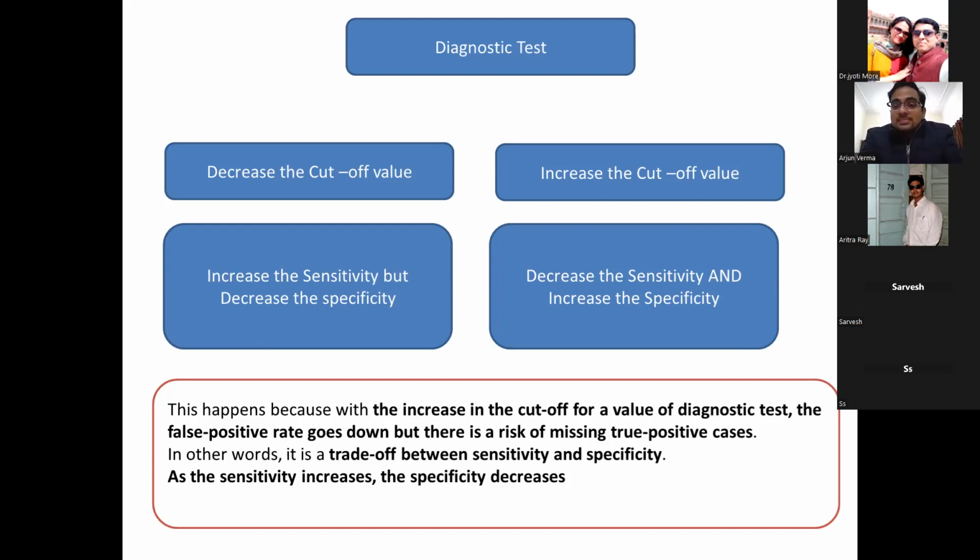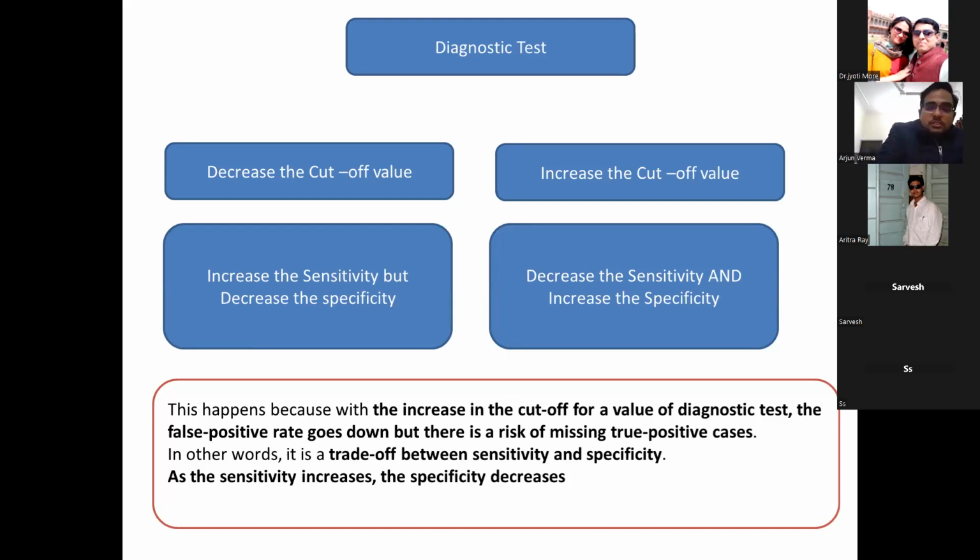Now, if I increase the cutoff value of CRP to call it positive, I increase it to 30. So those babies between 10 and 30, who might be positive for bacterial sepsis, we will regard as negative. So we are decreasing the sensitivity. But definitely, if we are saying positive for a very high CRP, they will be suffering from some bacterial sepsis or some kind of inflammation. So there will be an increase in the specificity.